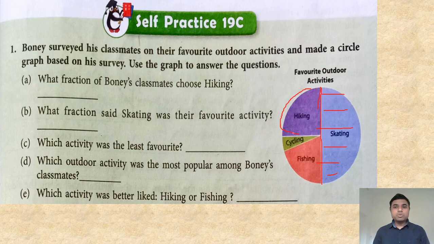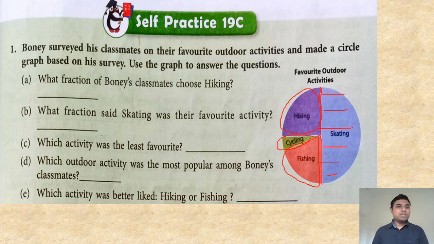This portion of students, favorite activity hiking. This portion of students, favorite activity cycling, and this portion of students, favorite activity fishing. So from here what we can see, if the area is more, that means the number of students is more. Keep in your mind, if the area is more, the number of students is more.